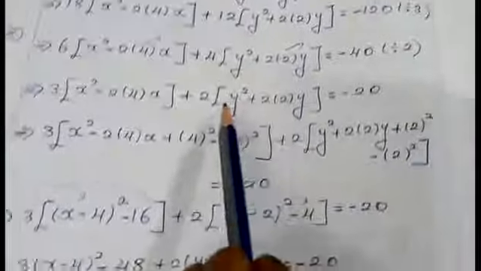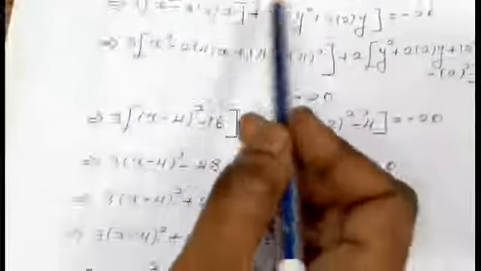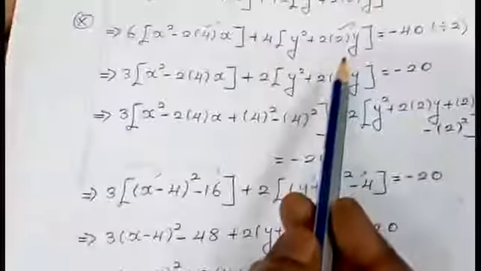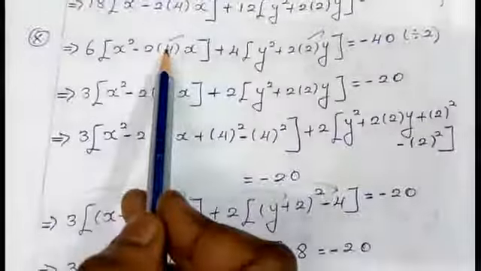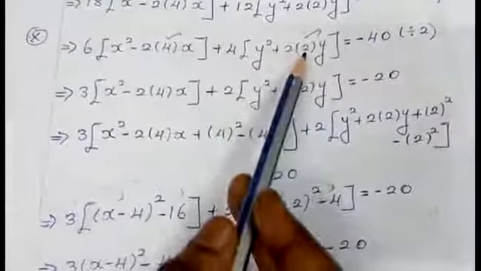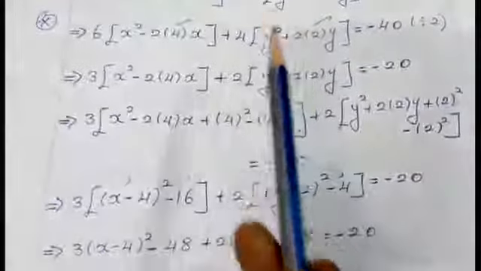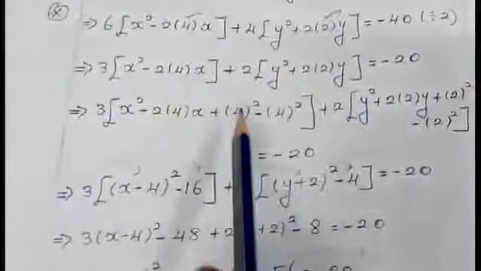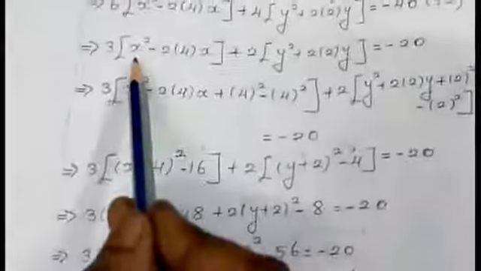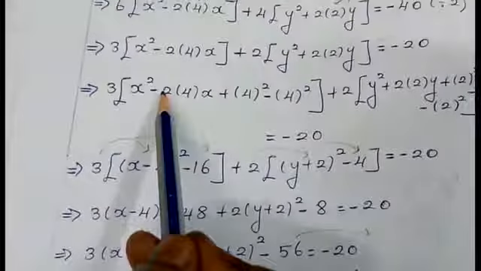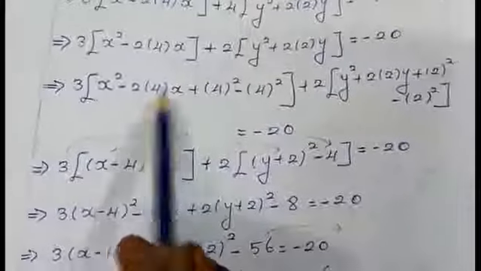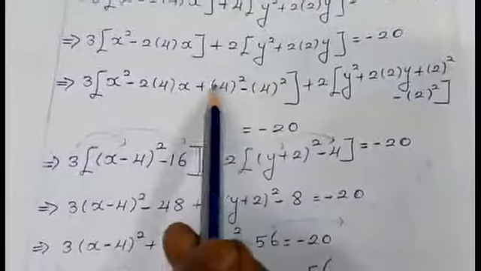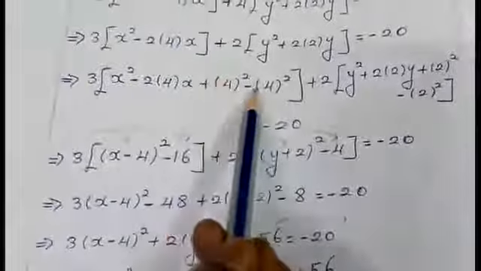So what is the adjustment I am going to do here? I am going to apply the algebraic identity. Just see here the value which is inside the bracket, the value which I have ticked here. I am going to add and subtract those values in this case, that is x square minus 2 into 4 into x, plus 4 square minus 4 square.